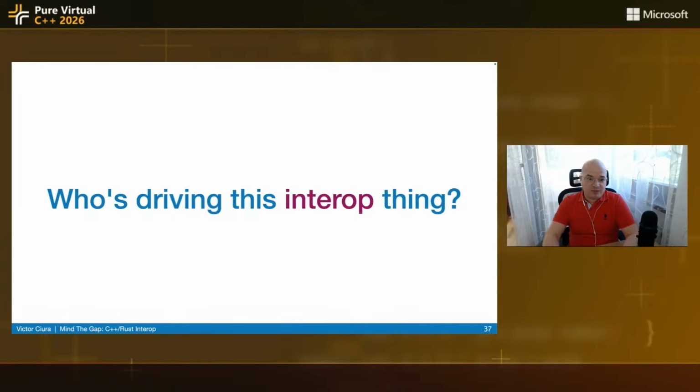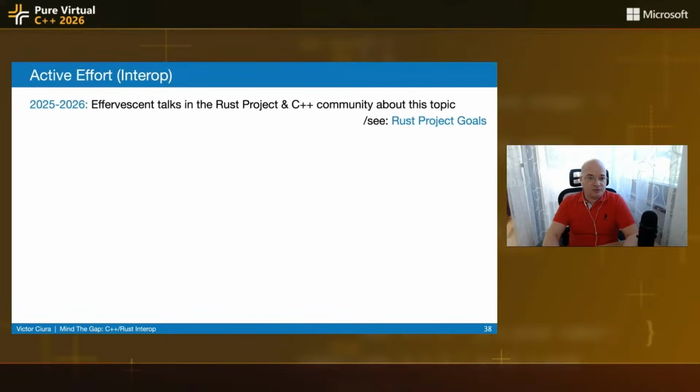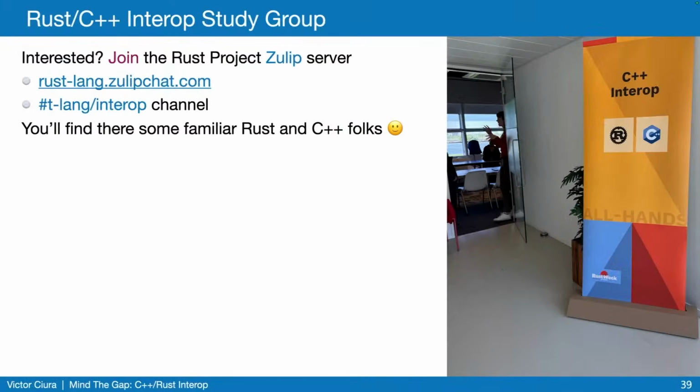So if you care about these things and you want to get involved, there's been a lot of effort recently around this, so I can point you to where you can get involved. There's the Rust Lang Zulip chat and a dedicated channel for interop. You'll find lots of familiar Rust and C++ names there, people that you might know are interested in this topic on both sides of the languages.